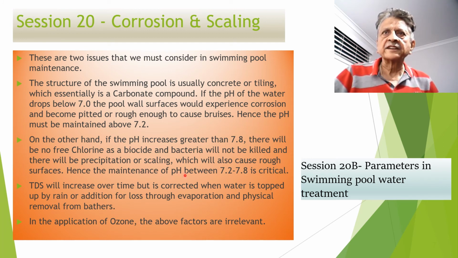Hence, maintenance of pH between 7.2 and 7.8, or more appropriately 7.5, is critical. The total dissolved solids will increase over time but can be corrected when water is topped up for loss through evaporation and physical removal by bathers.